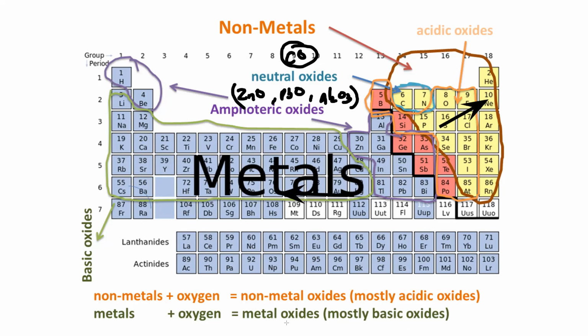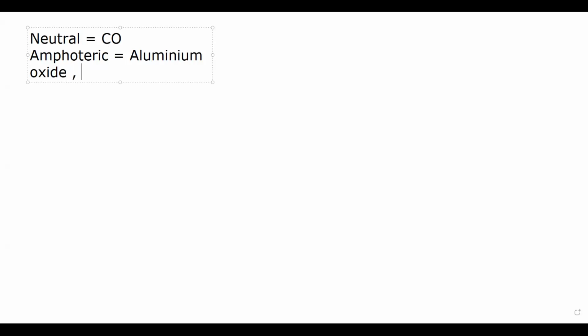So, just learn the examples for neutral, that is carbon monoxide, and amphoteric only three. That is aluminum oxide, zinc oxide, and lead oxide.